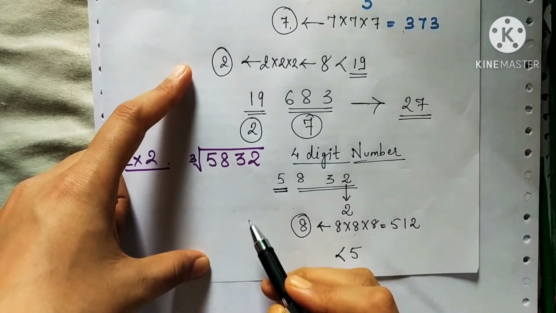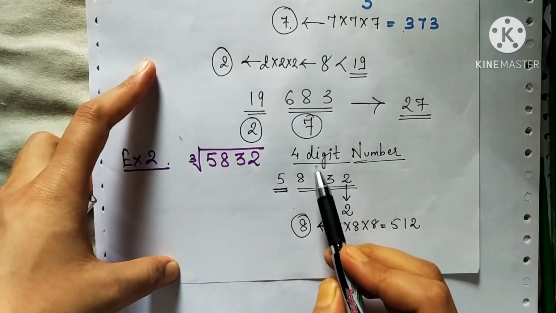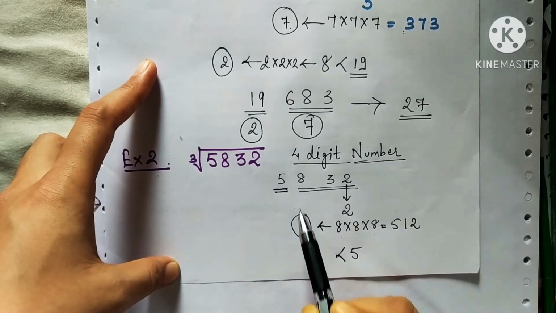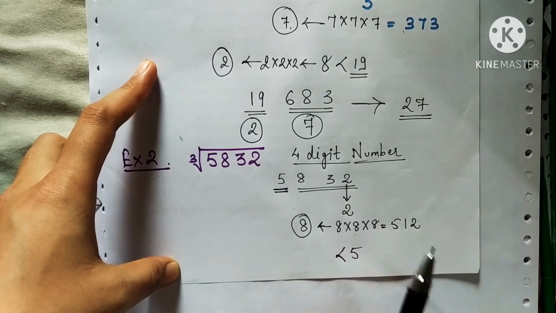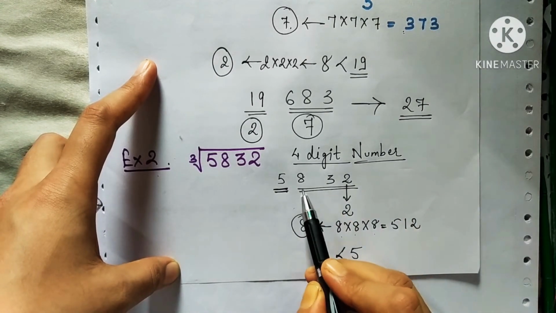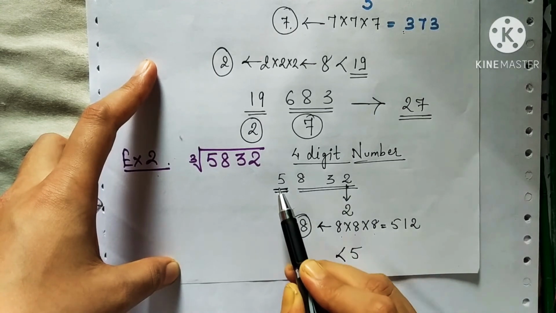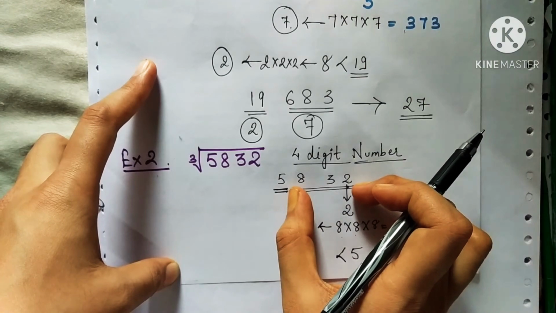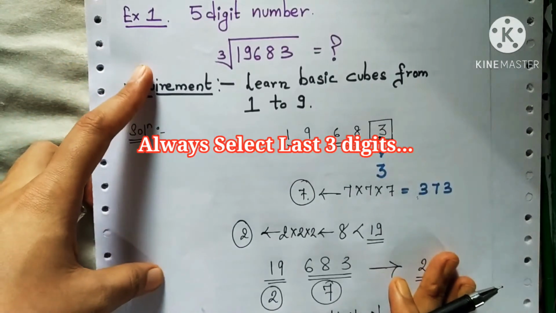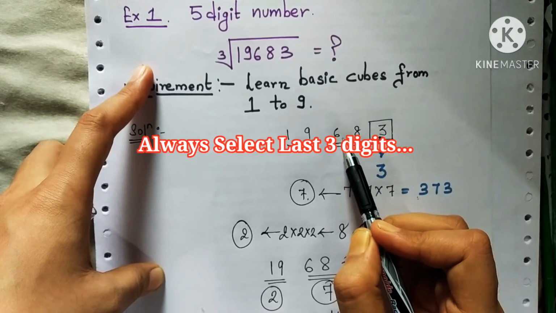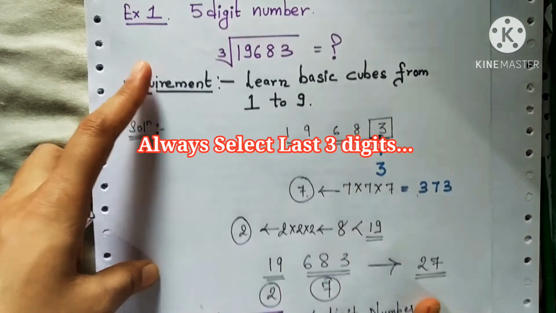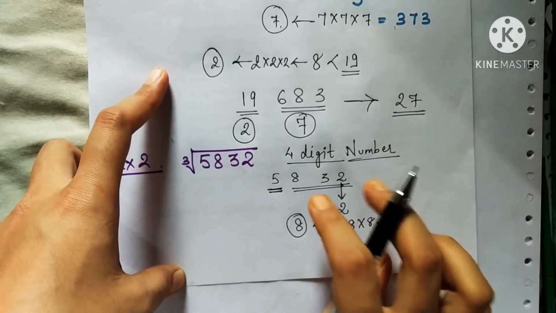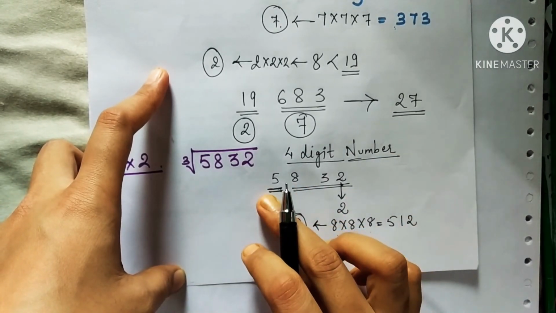This is our second example, which is a 4-digit number, and we have to calculate the cube root of it. We have divided it into two parts, according to the same procedure: the last 3 digits and the remaining first digit.